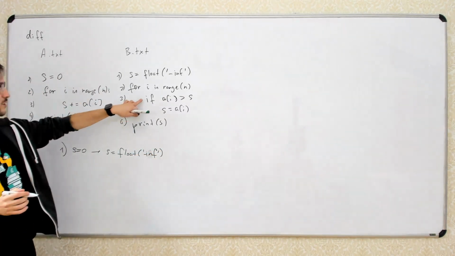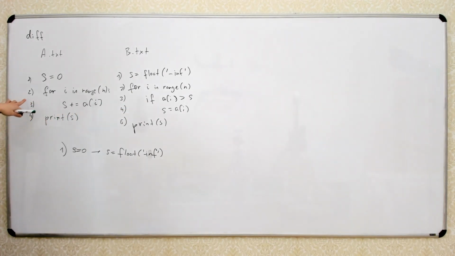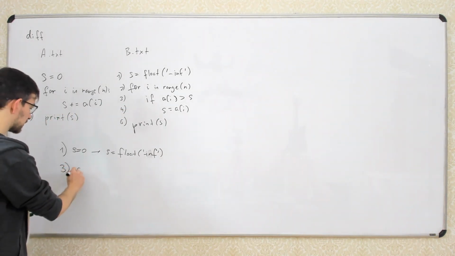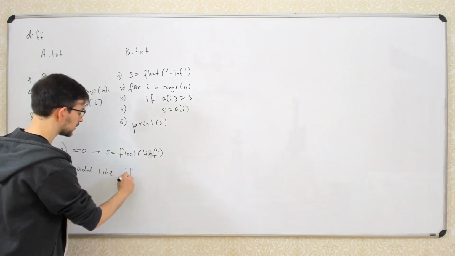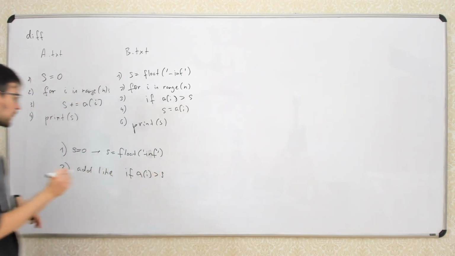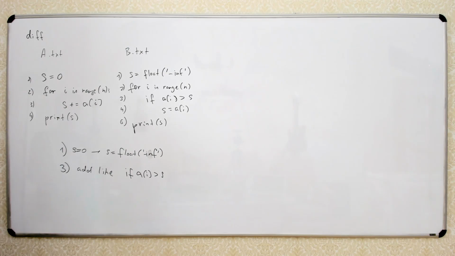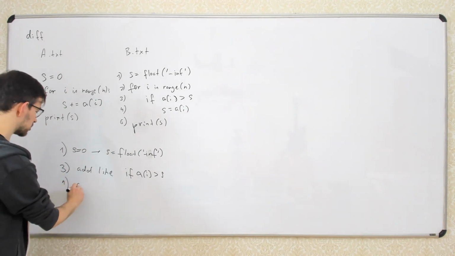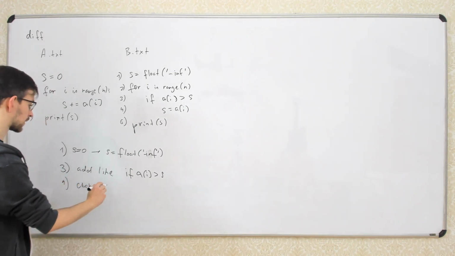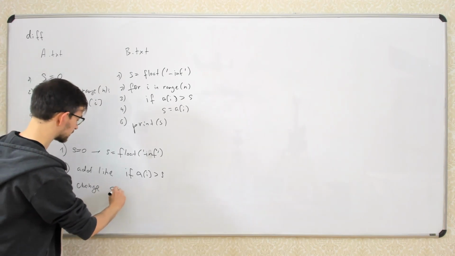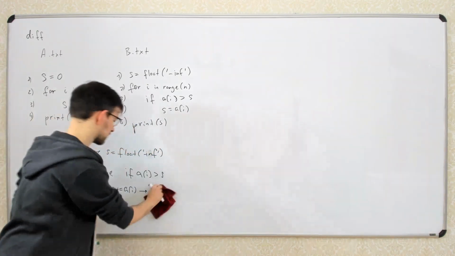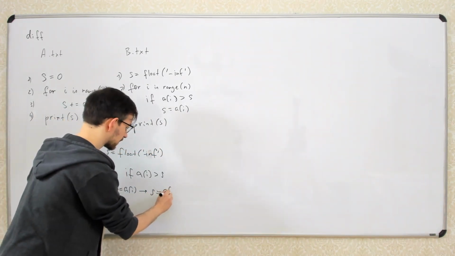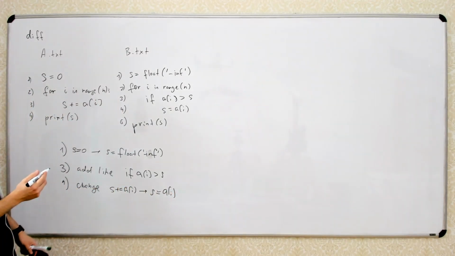Then we need to add these two lines here. So on line 3 we need to add the line if a of i greater than s. And then we need to change this line from s plus equal a of i to s equal a of i.